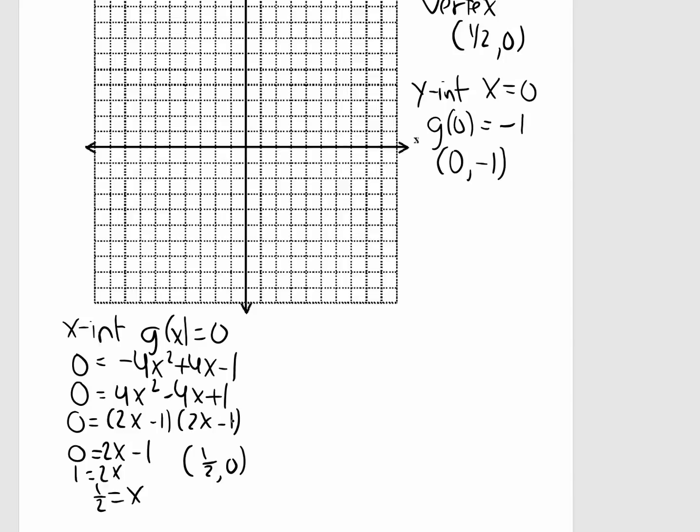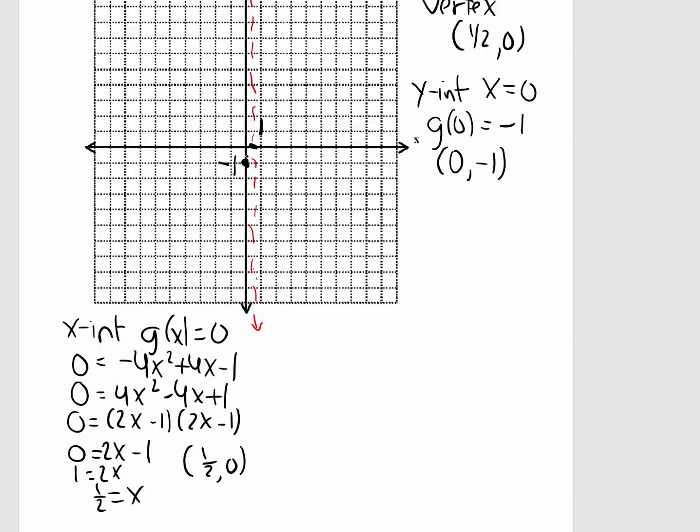So let's plot the vertex and the y-intercept with the equation of the axis of symmetry. Again, the points are in black, and the red dotted line is the equation of the axis of symmetry. Now again, I should be able to get one other point. The y-intercept is 1/2 to the left of the axis of symmetry.